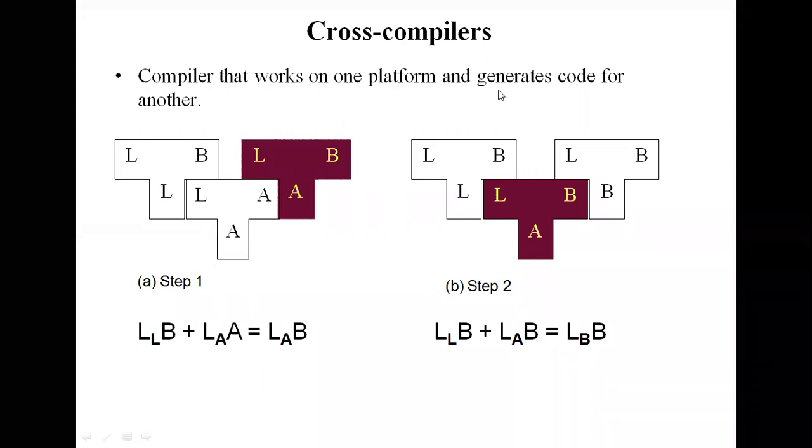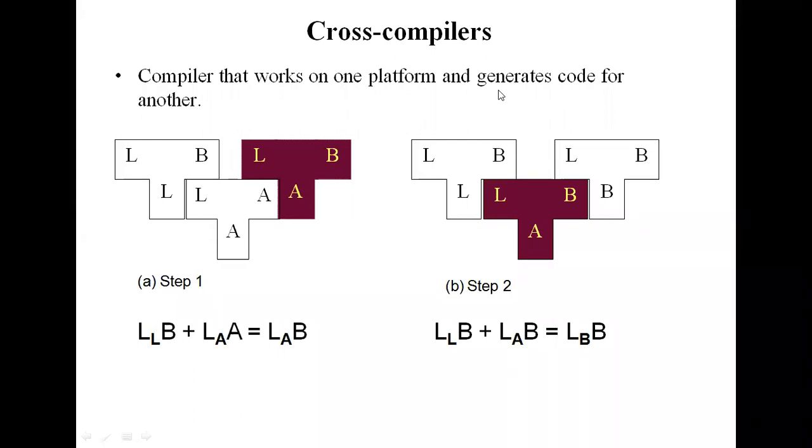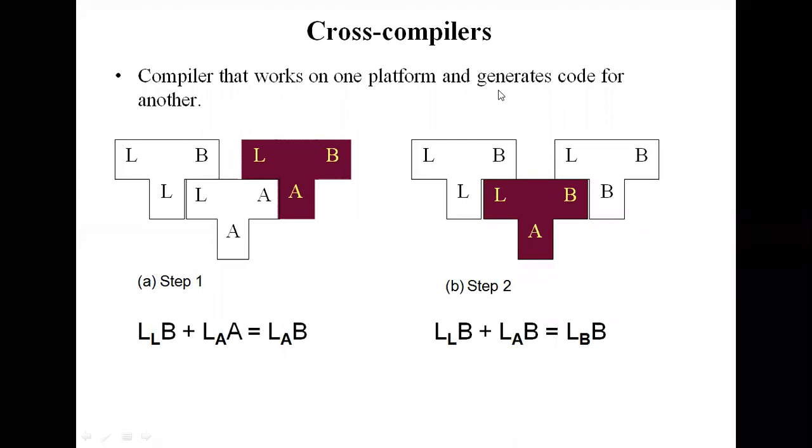Then I explained the compiler construction tools, then what bootstrapping is and how bootstrapping is represented, how we can show the example within the T structure, then the cross compiler with examples, and finally the incremental compiler.